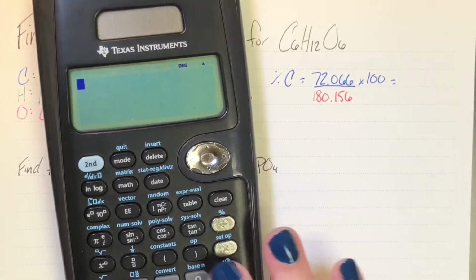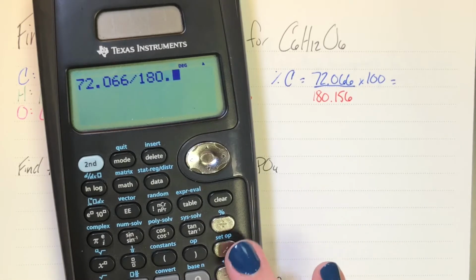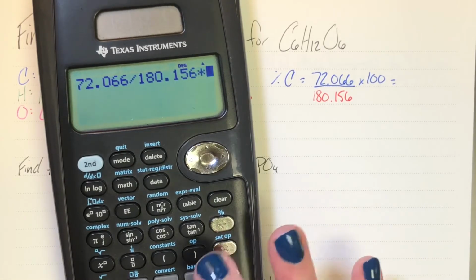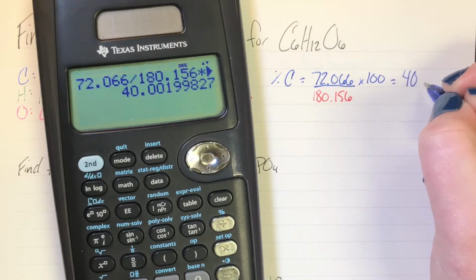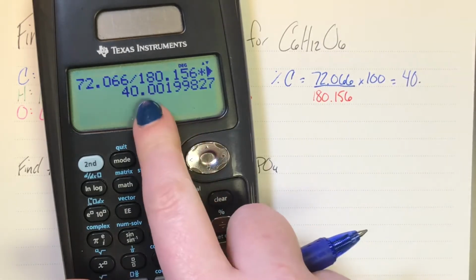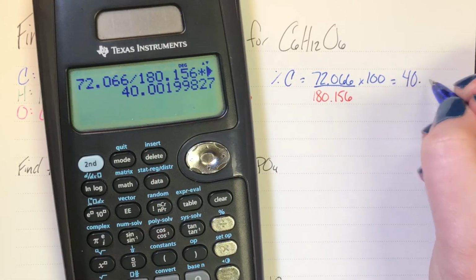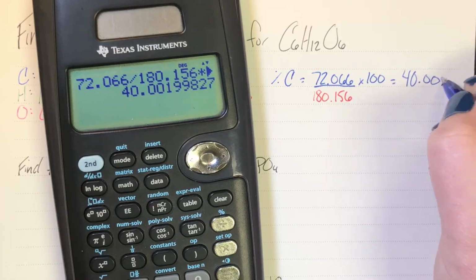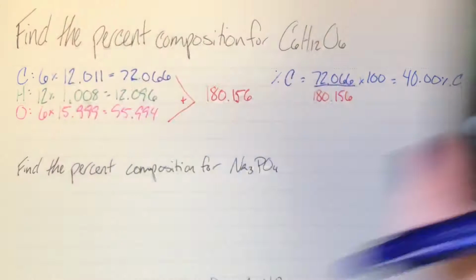And that will give me my percent. So 72.066 divided by 180.156 times 100 gives me the percentage 40, and then I'm going to round to that second decimal place. 1 does not make me round up, so I'm just going to leave it at 40.00%, and then I'm just going to be extra careful and put carbon.